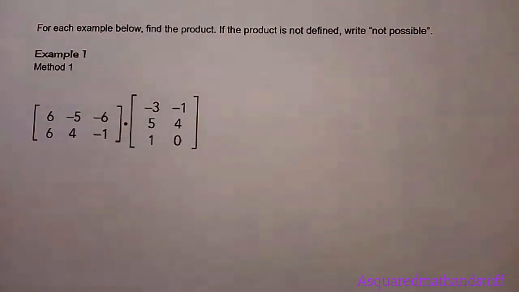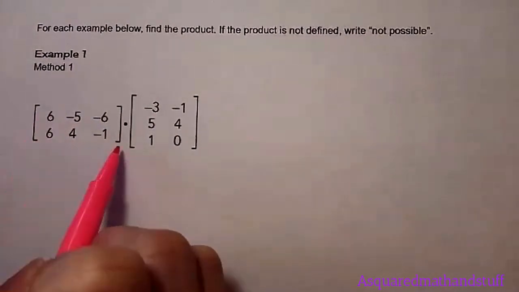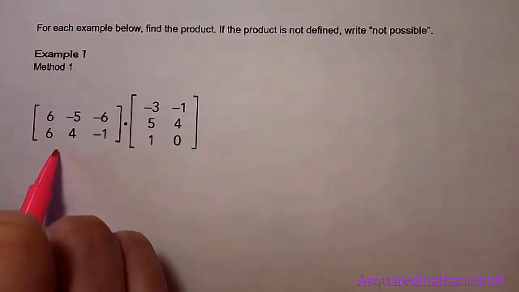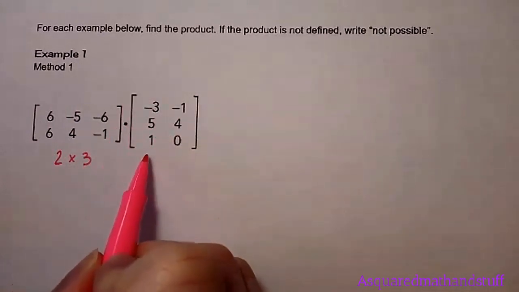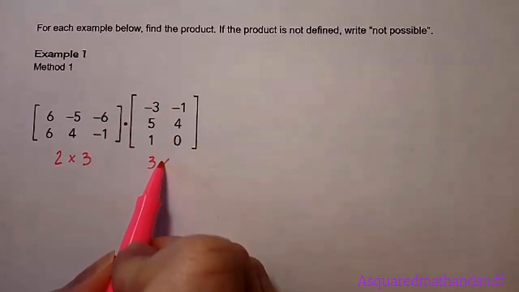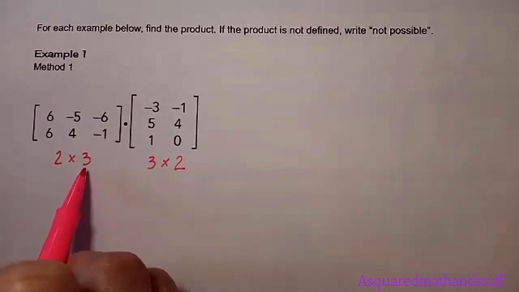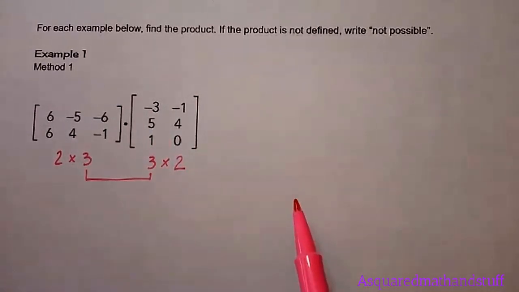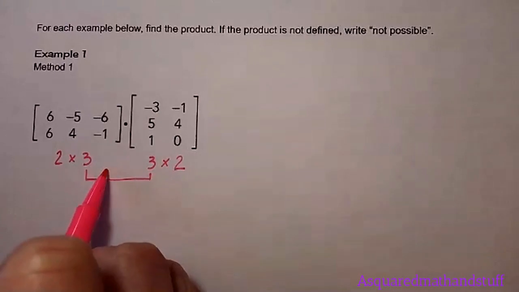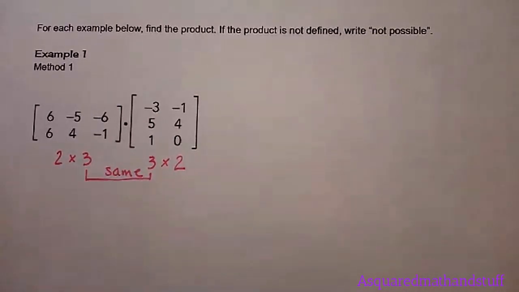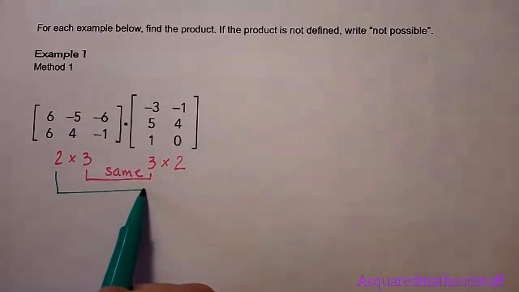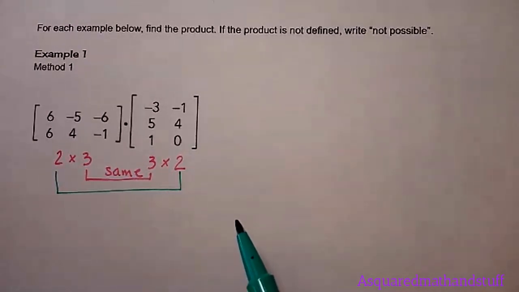So we need to see first, can we multiply these matrices together? This first matrix is 2 rows by 3 columns, and the second matrix is 3 rows by 2 columns. These values are the same, so we can multiply this. And these next values, the 2 and the 2, this is the resulting matrix.